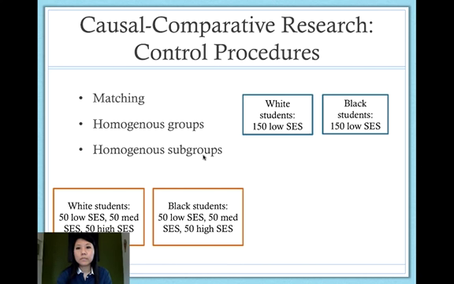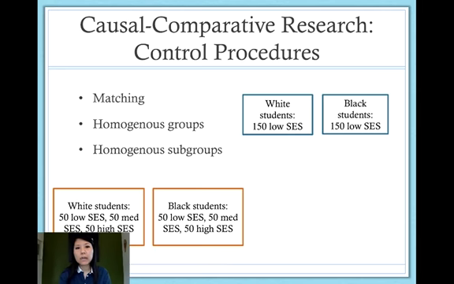Homogeneous groups is the example in the blue here. With homogeneous groups, I just want these groups to be the same in the control variable, in the variable that I want to control. So I'm just going to pick kids with low SES, 150 white kids who come from low SES backgrounds and 150 black kids with low SES backgrounds.